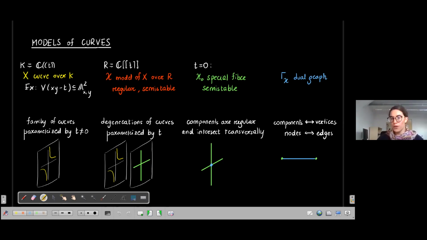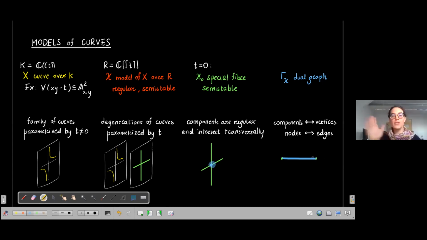To each component, we associate a vertex. Here we have 2 green components, so we get 2 green vertices. And whenever we have a node, which corresponds to an intersection of the 2 components, we consider an edge joining them. So we will connect the 2 components with the edge.